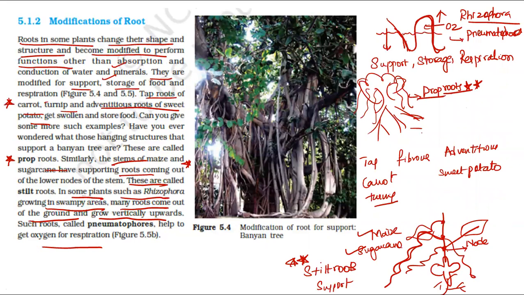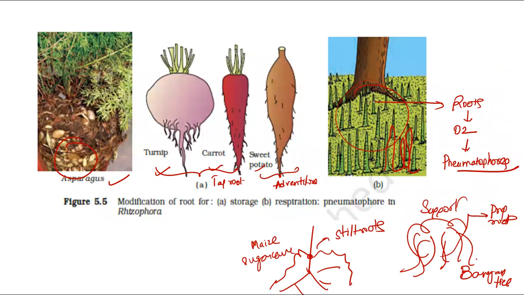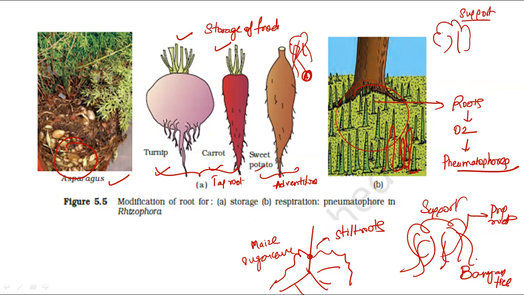Now coming to modification of roots. Roots help in storage of food. The taproots that store food are turnip and carrot. The adventitious root storing food is sweet potato. And asparagus also stores food. The next one is support. Support you can see in two cases. One is banyan tree, where roots come from other parts of the plant, called prop roots.